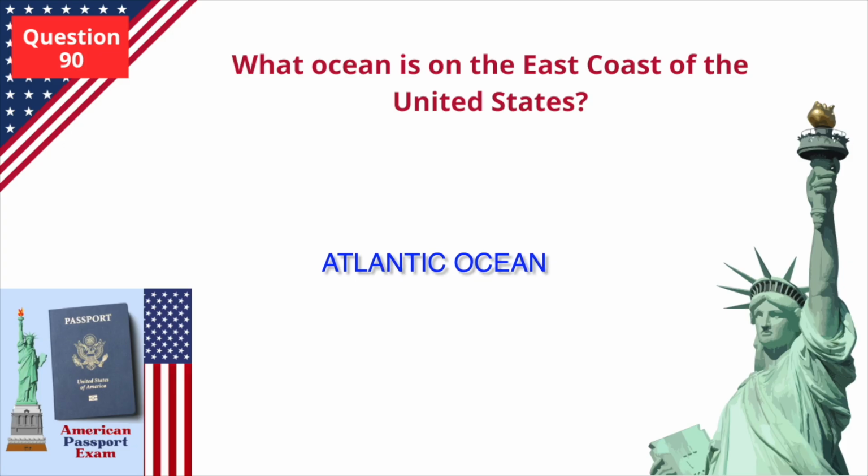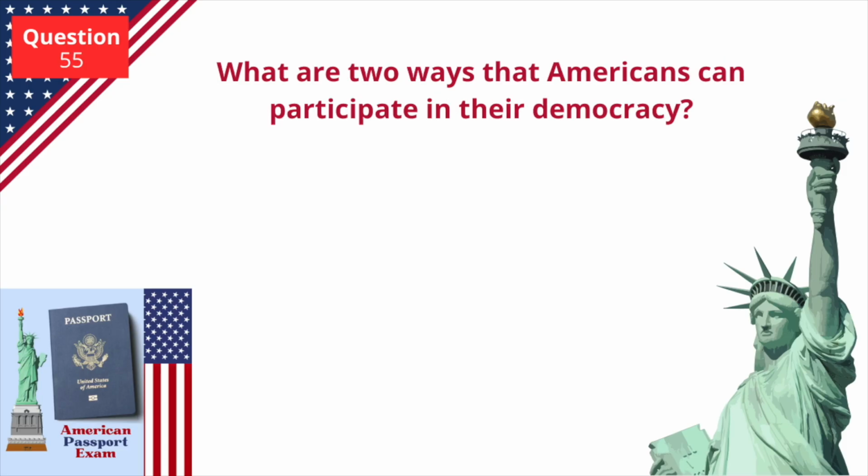Atlantic Ocean. What are two ways that Americans can participate in their democracy? Vote. Join a political party.